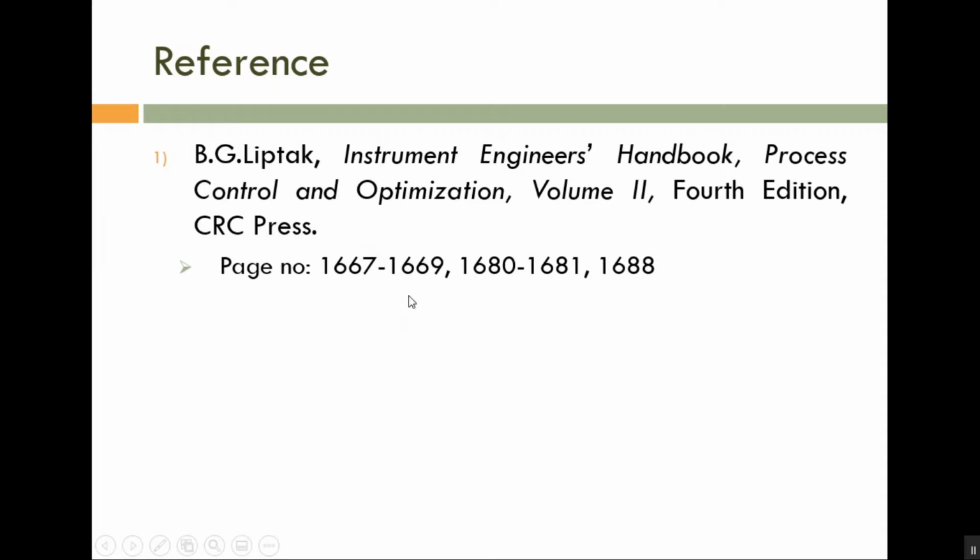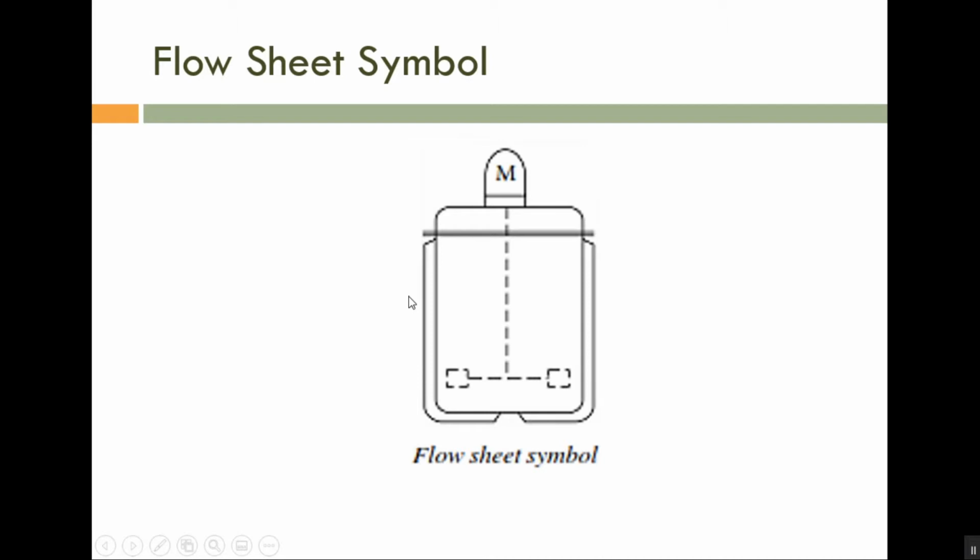Okay. So this one is the symbol of a chemical reactor. This is the flow sheet symbol or ISA symbol of a chemical reactor. A chemical reactor is actually a closed vessel or a tower which is used to produce something, maybe liquid or gas, by using more than one reactant.